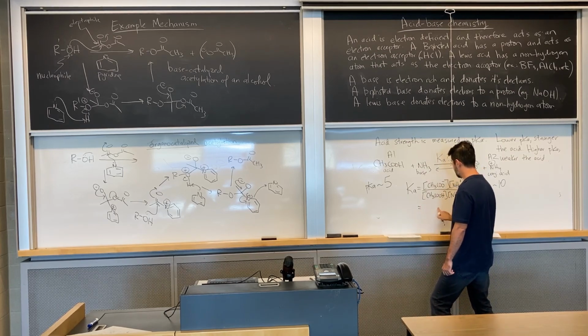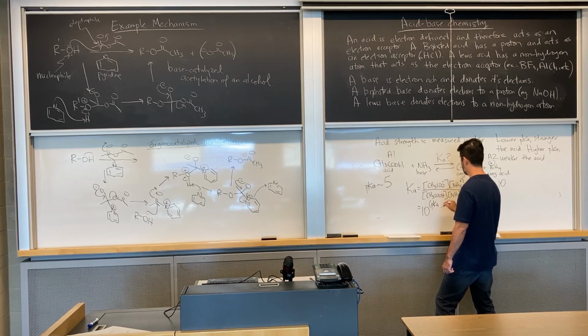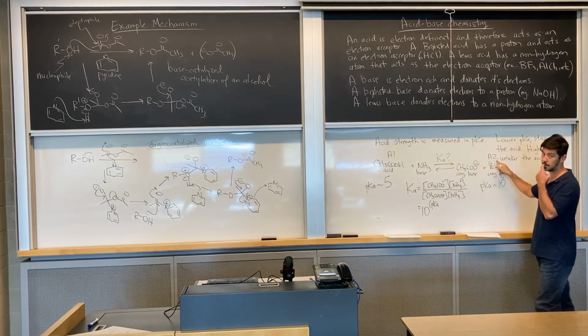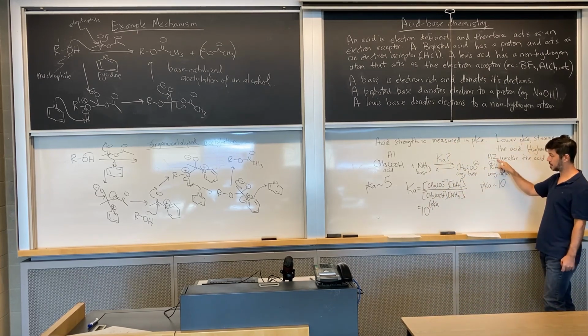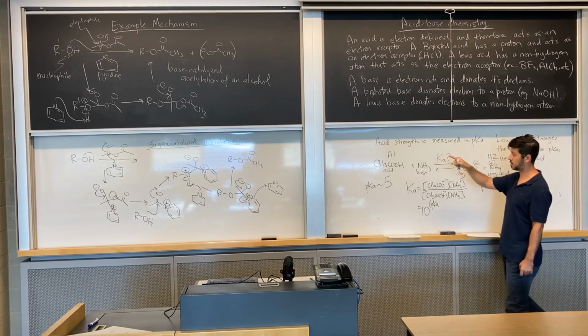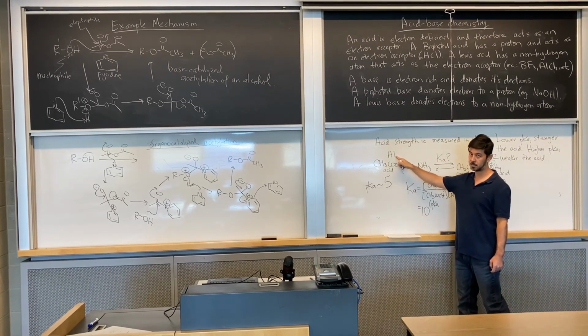And this is also going to be equal to 10 to the power of the pKa of the acid on the weaker side, the right side, versus the pKa of the acid on that side.